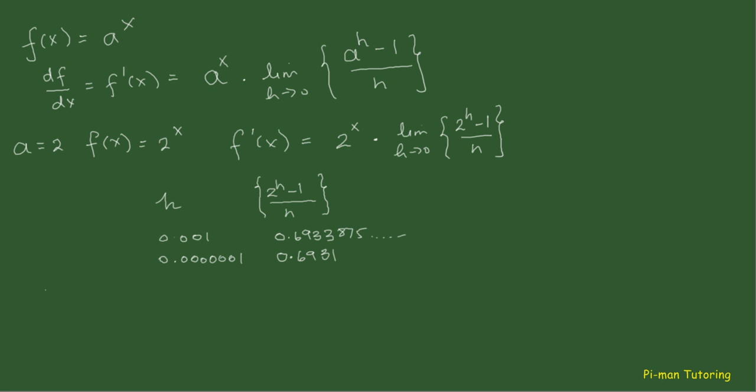Let's try a different base now. Let's suppose f of x was 4 to the x. What would that look like? So now we'd be looking at values of h and values of 4 to the h minus 1 over h.